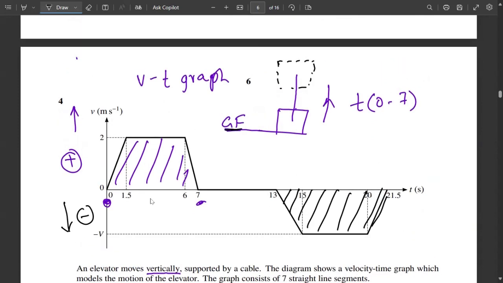So between time 13 and 21.5, the elevator will move downwards. And how much will it move downwards? It will move the same distance which it had moved upwards. For example, if the upwards movement was 3 meters, the downward movement is also 3 meters and it will return to the same exact position.